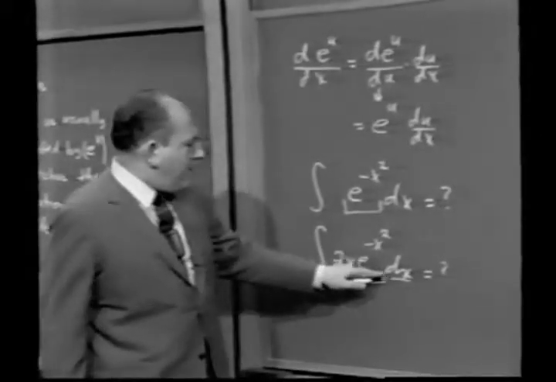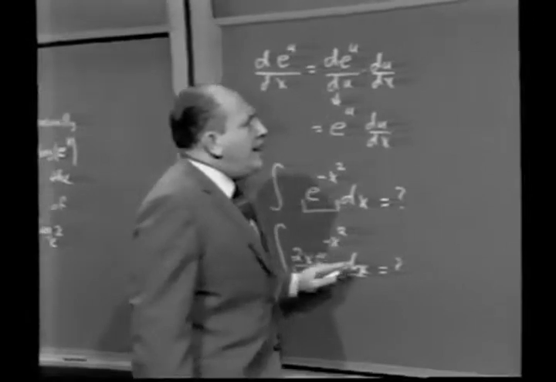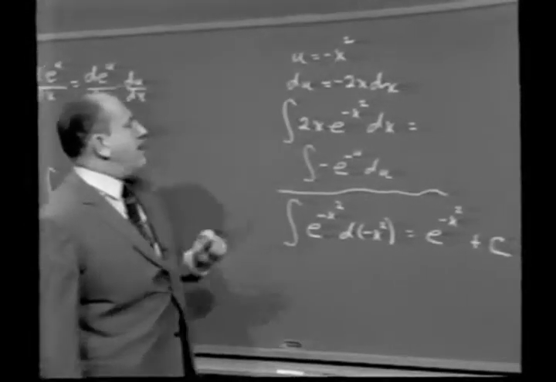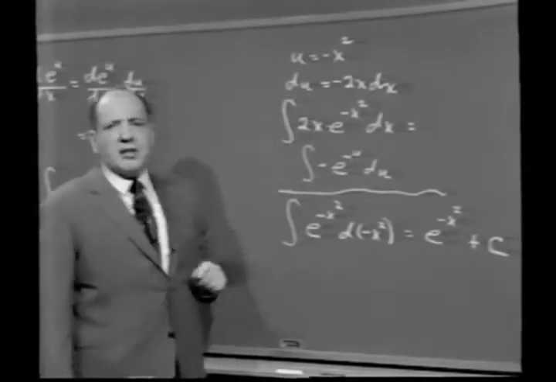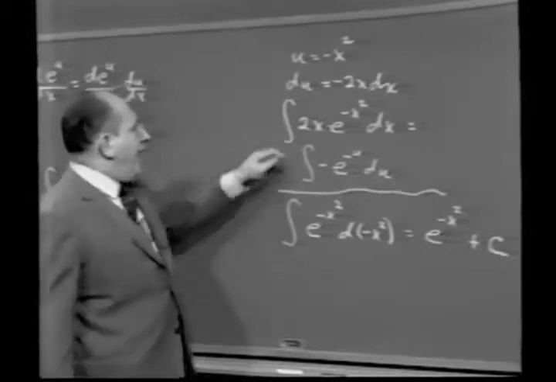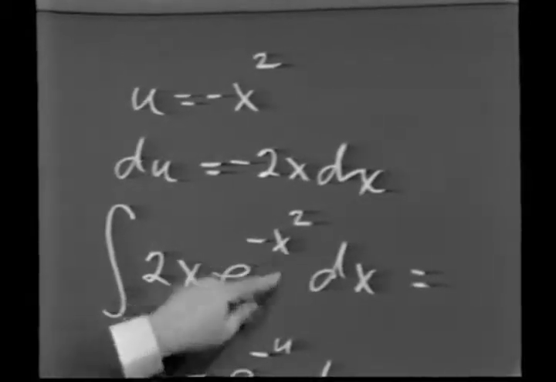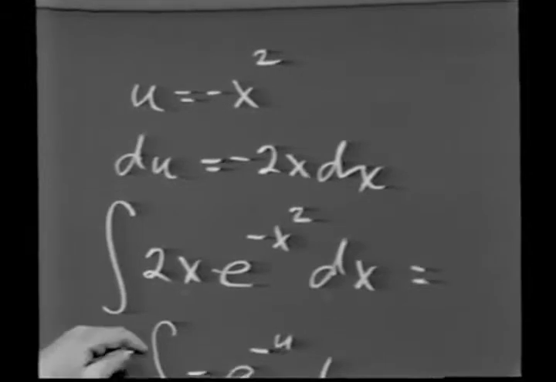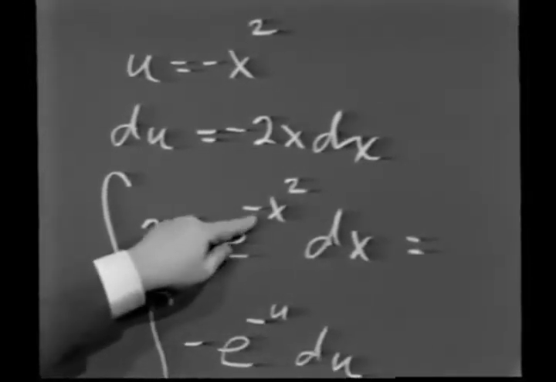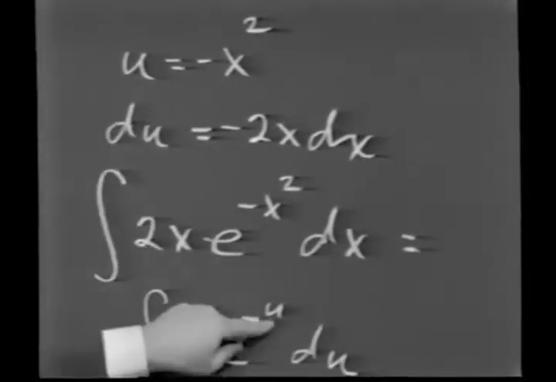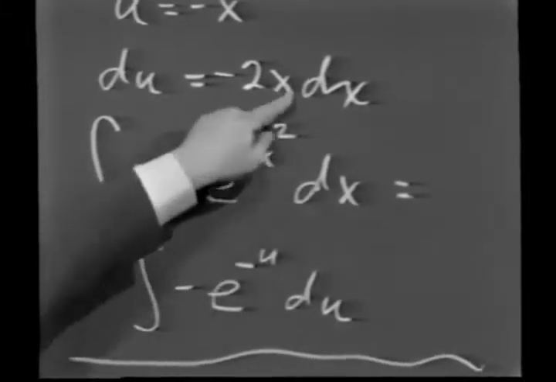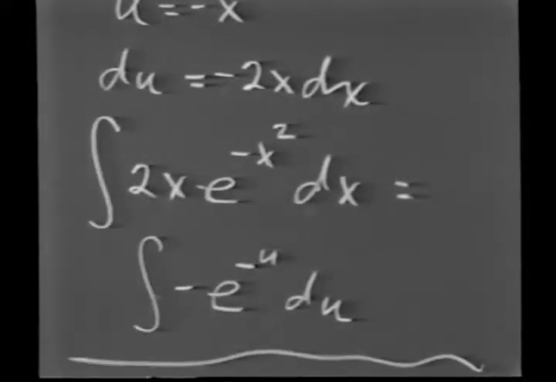In other words, working this out in more specific detail, if I let u equal minus x squared, du becomes minus 2x dx, and therefore the integral of 2x e to the minus x squared dx just becomes what? Well, the e to the minus x squared just becomes e to the u, and 2x dx is just minus du.